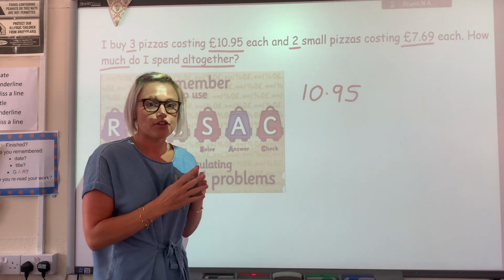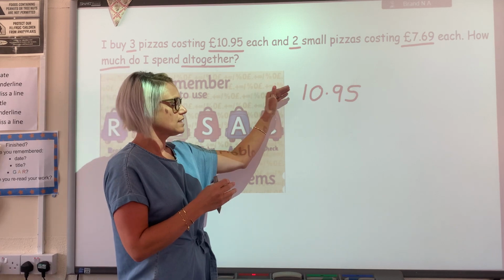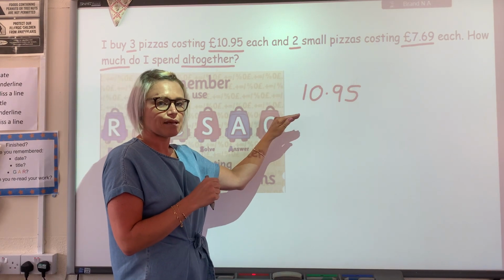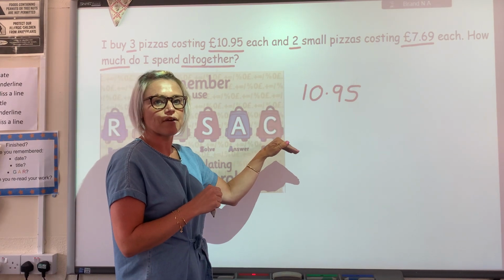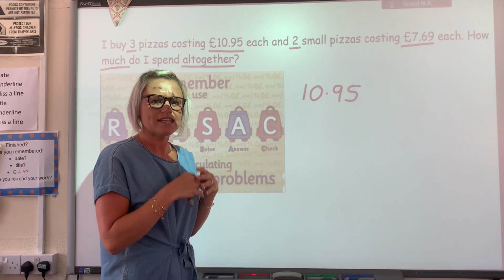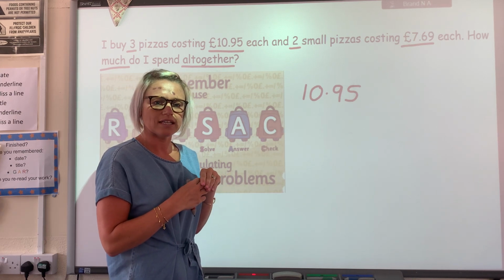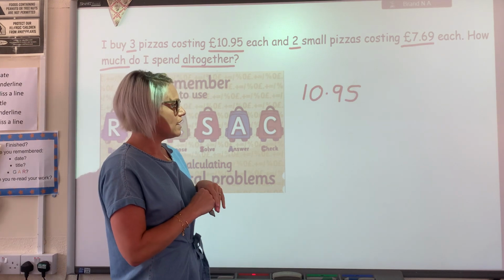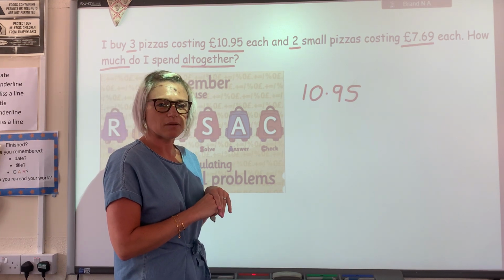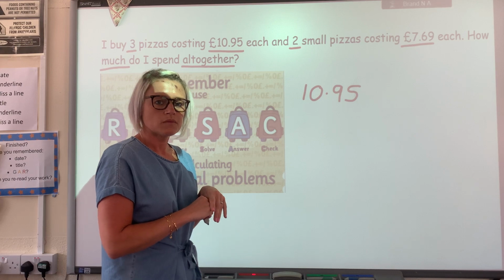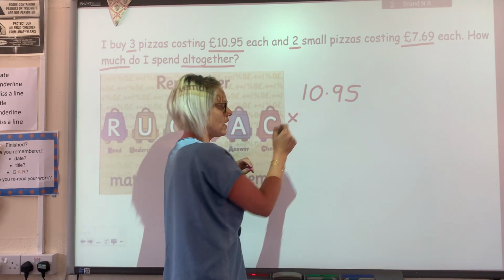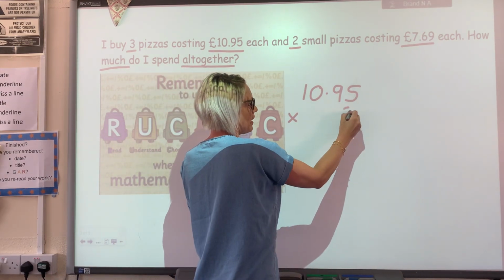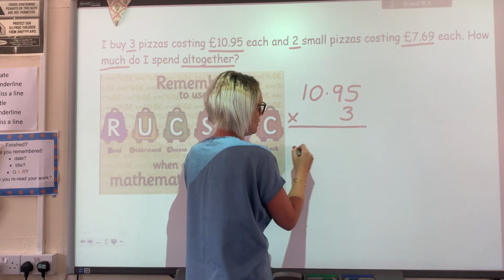I need to know how much 3 of them have cost, so I could do £10.95 add £10.95 add £10.95. Can you think of an easier way for me to do that calculation? Rather than adding, what else could I do that would make it a little bit quicker? Anybody know? Hopefully we'll have recognised that timesing by 3 would be quicker for me to do.